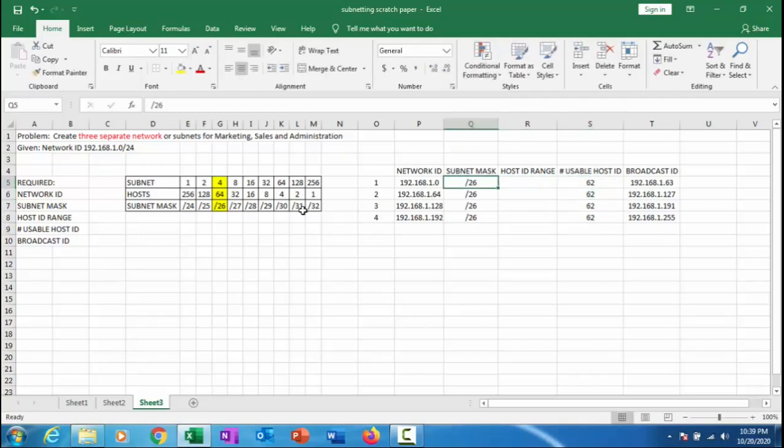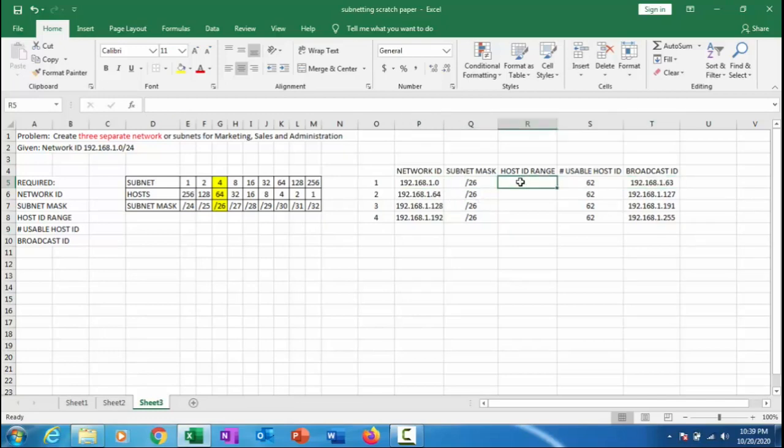For the host range now, it's going to be the actual IP address range of the 62 hosts. So it's going to be, of course, plus 1 of the network ID up to minus 1 of the broadcast ID.